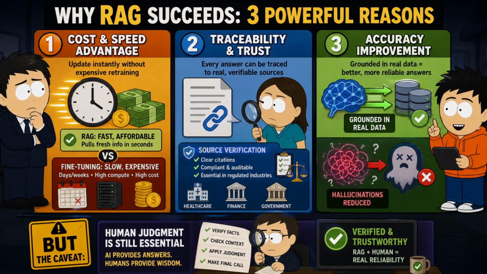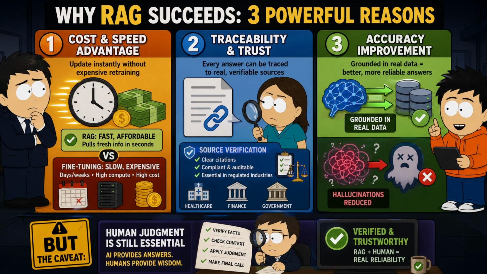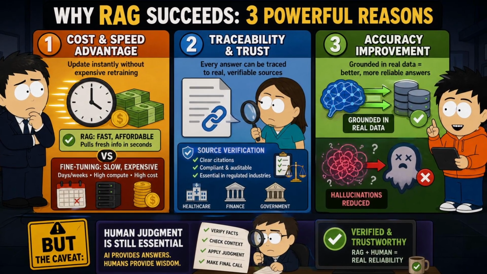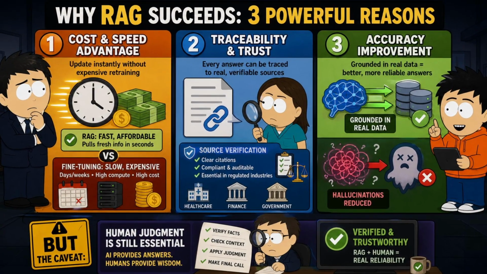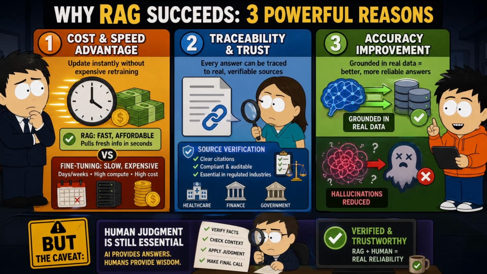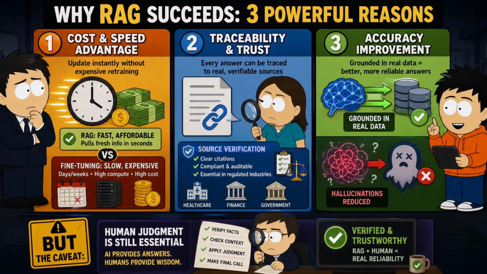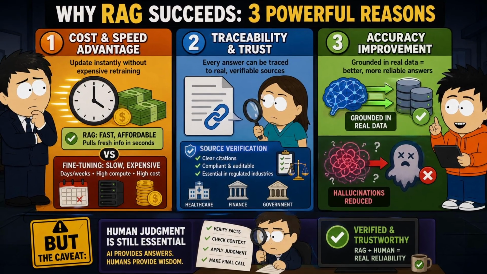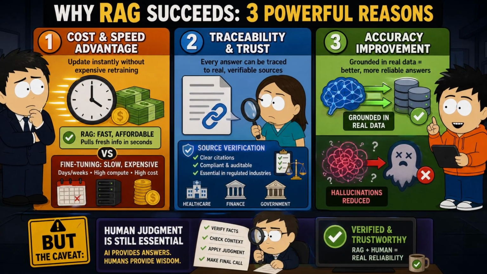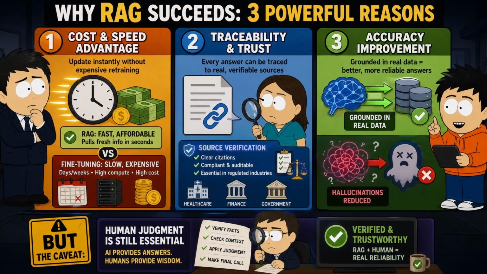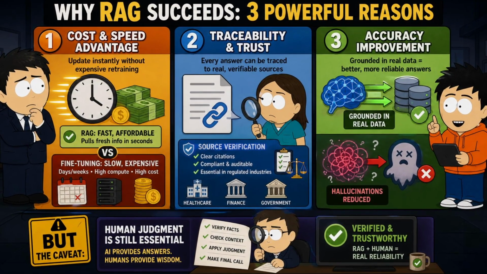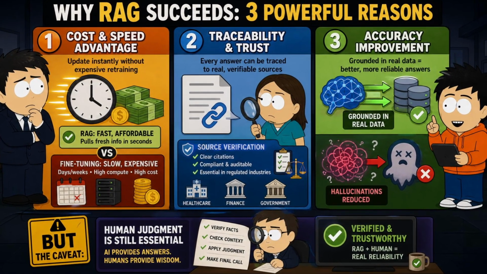Traceability is also an important thing, for example in finance, law, and healthcare especially. Being able to point to the exact source behind an answer is not a bonus feature, it is often a requirement. And accuracy. Real deployments consistently report large drops in hallucinations once answers are grounded in retrieved information instead of memory, because the model's world is limited to whatever it was actually given.